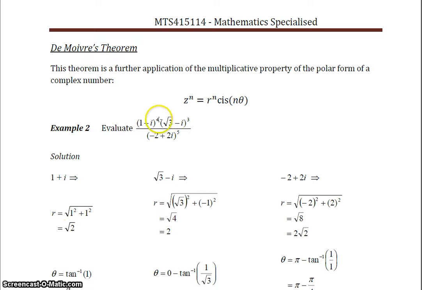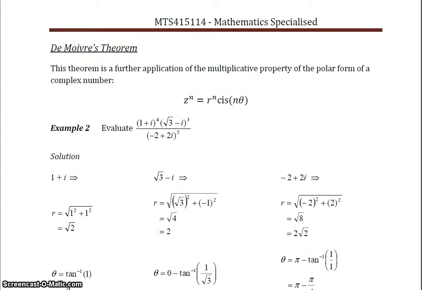The modulus for the square root of 3 minus i: we square the square root of 3 and add the square of negative 1, which gives us 4, so the square root of 4 is 2. And the modulus for negative 2 plus 2i will be negative 2 squared plus 2 squared, which is 8. Taking the square root of that is 2 root 2 in its simplest form.